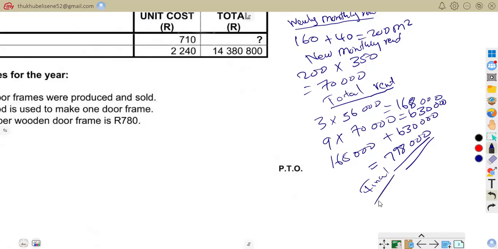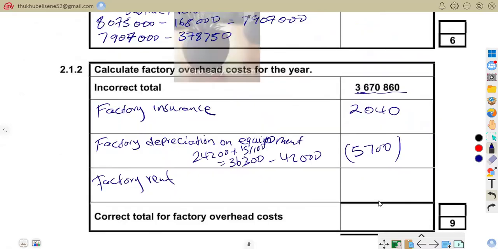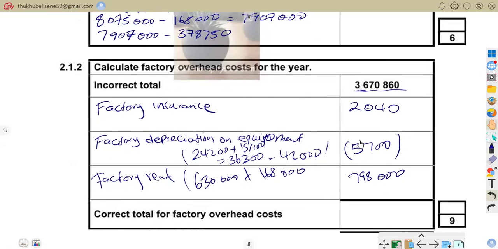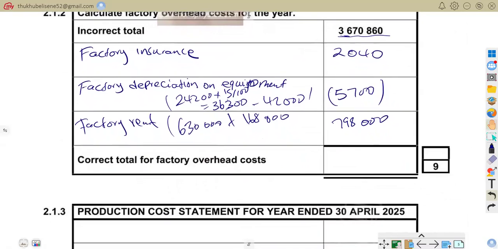Now we can go to our answer book and record it. For rent, it's going to be 630,000 plus 168,000, and this will give us 798,000. So now we are to calculate the correct total factory overheads.